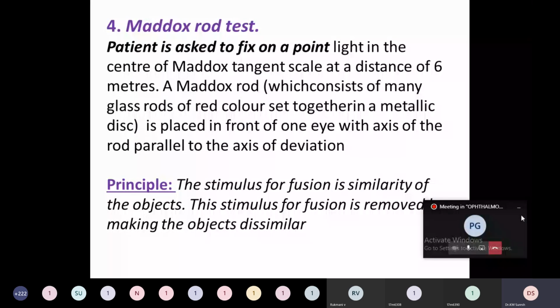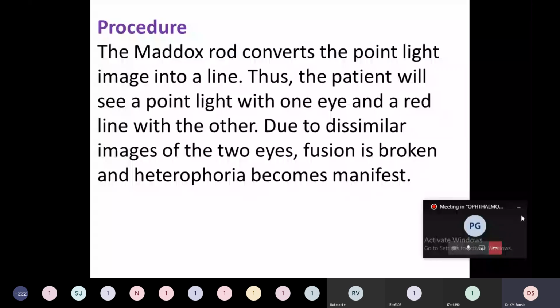What is the procedure? The Maddox rod converts the point light image into a line because it has got cross cylinders. Thus, the patient will see a point light with one eye, and in the eye in front of which I have kept a Maddox rod, he will see a red line. So, due to dissimilar images of the two eyes, fusion is broken and heterophoria becomes manifest. How do you measure the phoria?